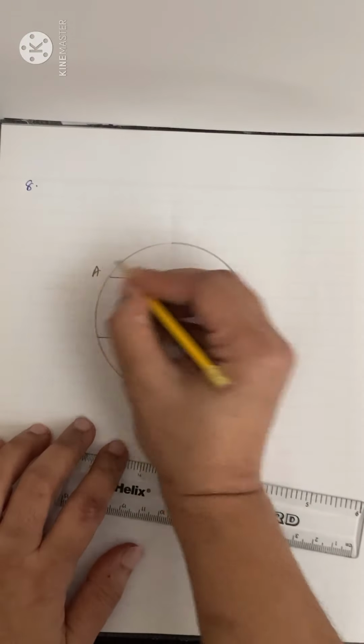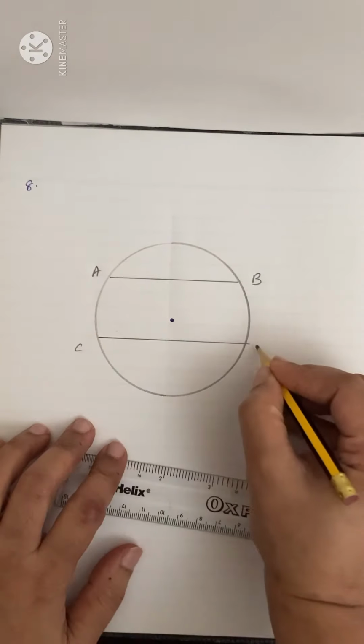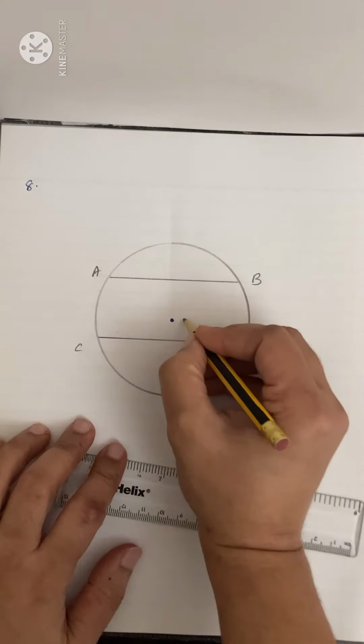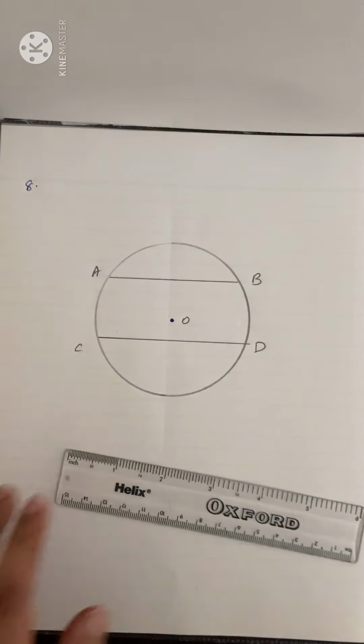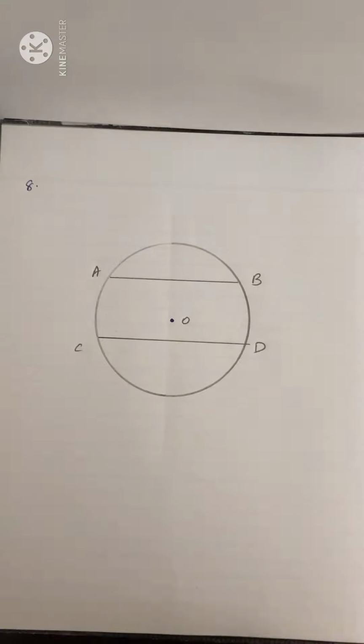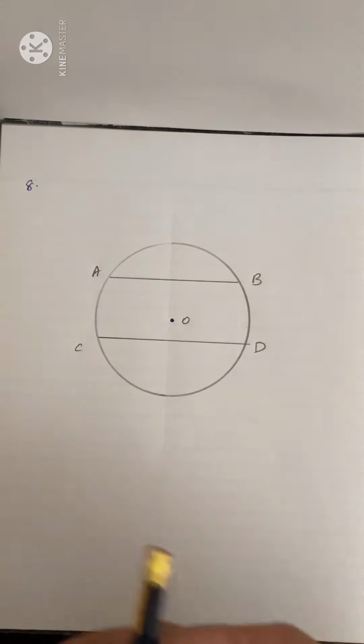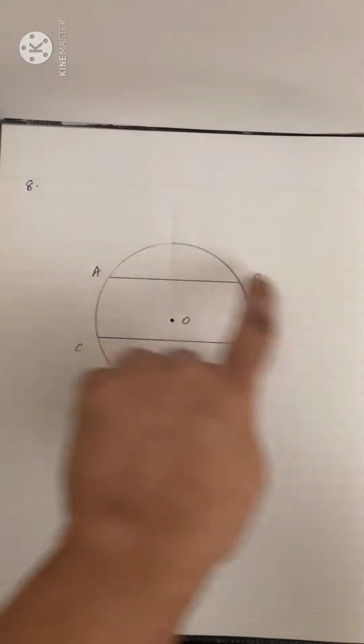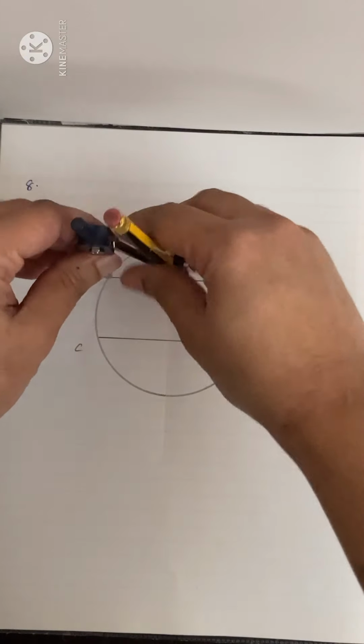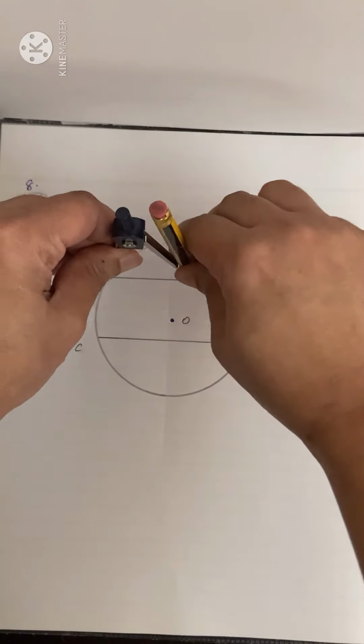Let AB be the first chord and CD be the second one. O be the center of the circle. Now we have to draw the perpendicular bisectors of both the chords. First we can draw for AB. With A as center, take a radius more than half of AB.